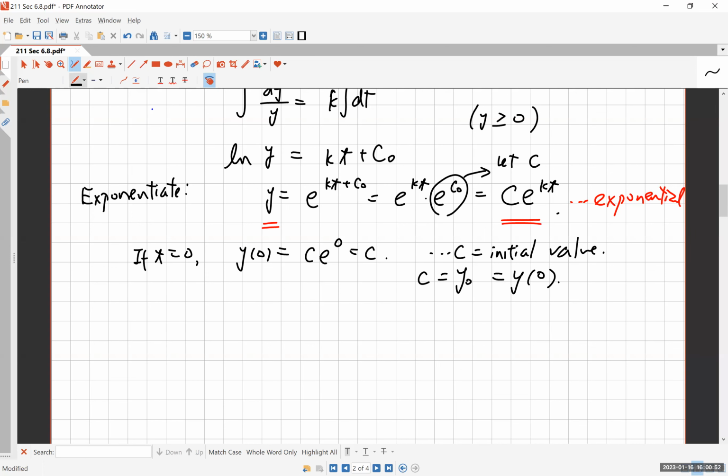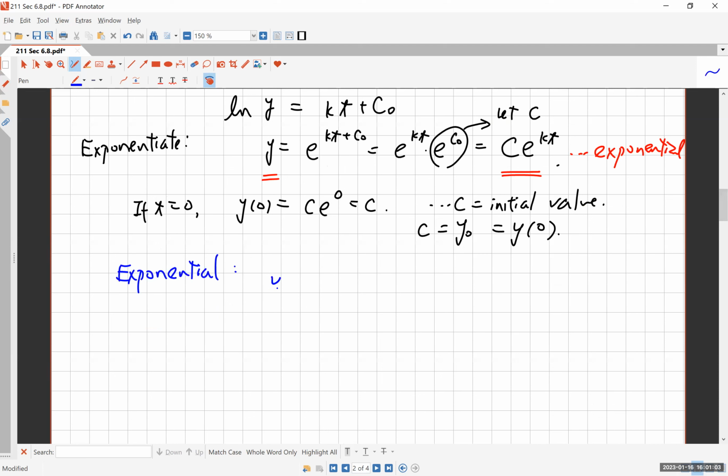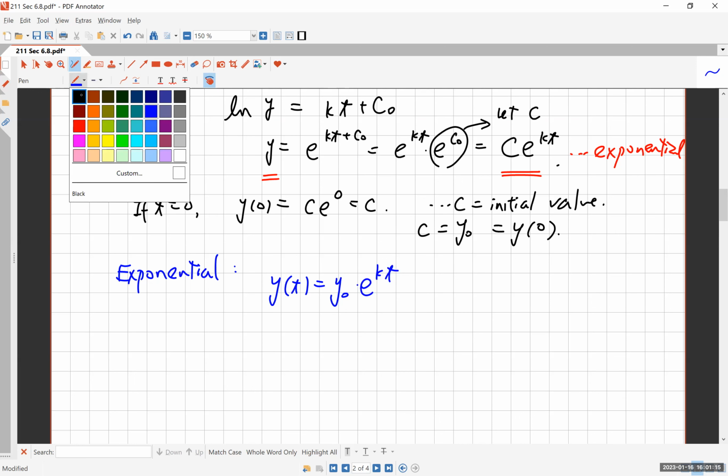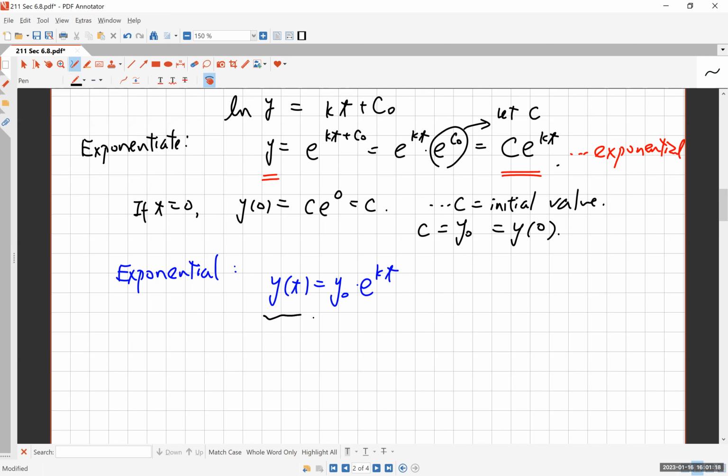So here is the summary of everything I just said. Exponential change is of the form y of t is equal to the initial value, y naught, times e to the kt. Every exponential growth or decay can be described this way. This is the initial value, and k is the constant, which we need to find depending on how fast or how slow the rate is.